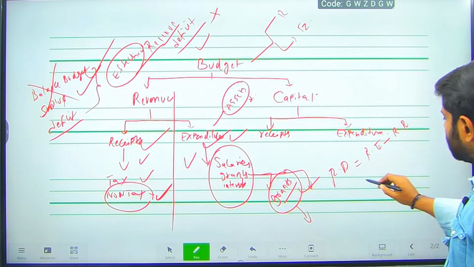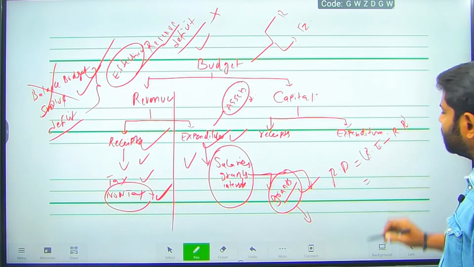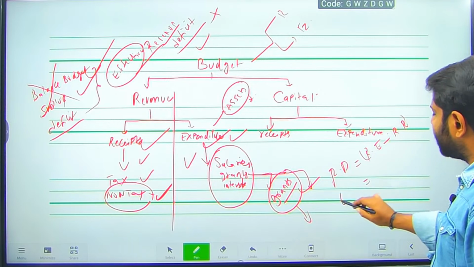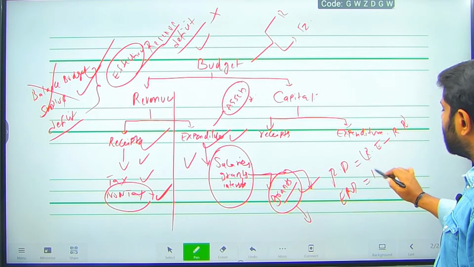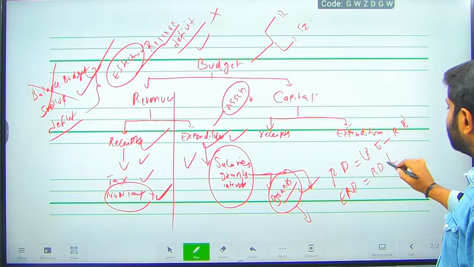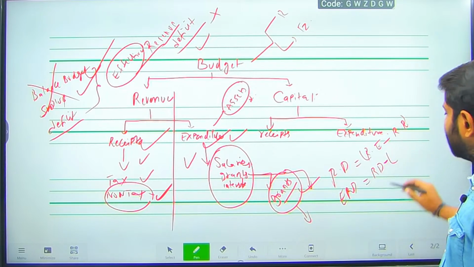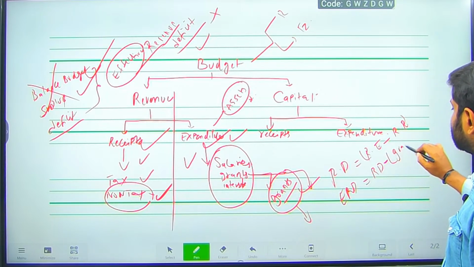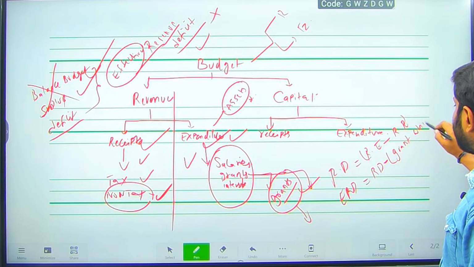So this is the formula. Now from this, effective revenue deficit is equal to revenue deficit minus any grant which had created a capital asset.